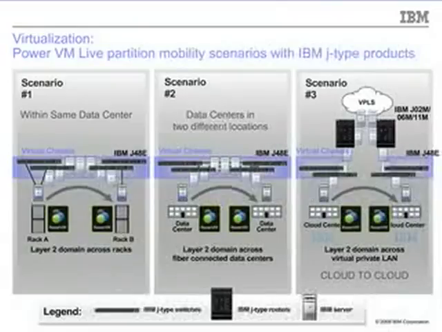So essentially a solution for every scenario, whether the two servers are next to each other, are in the same data center, are in two different data centers, or even across two completely different clouds. It's the same virtualization features that work across the board.